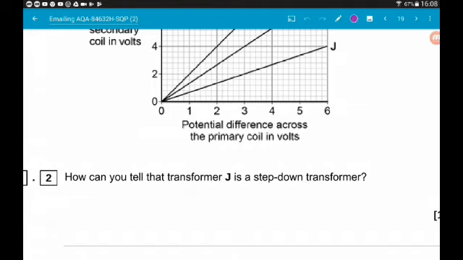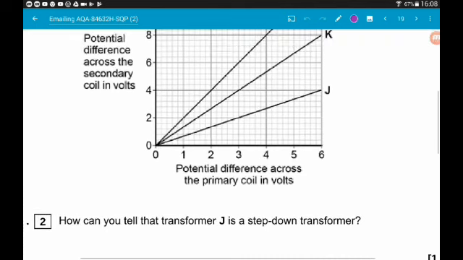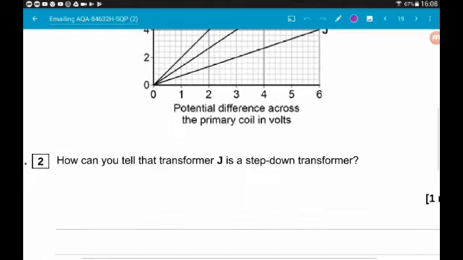So if we look at J, the primary potential difference is 6 volts. The secondary potential difference is 4 volts. So we can tell this because the potential difference across the secondary coil is less than the primary coil.